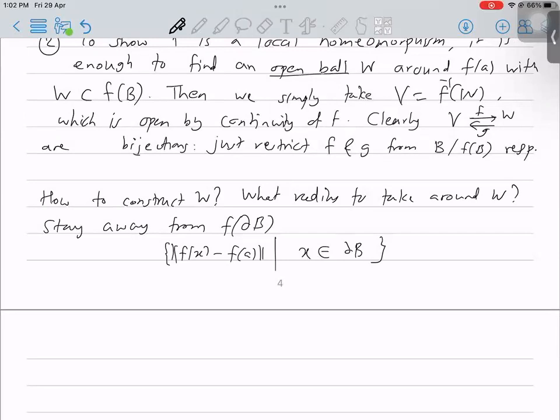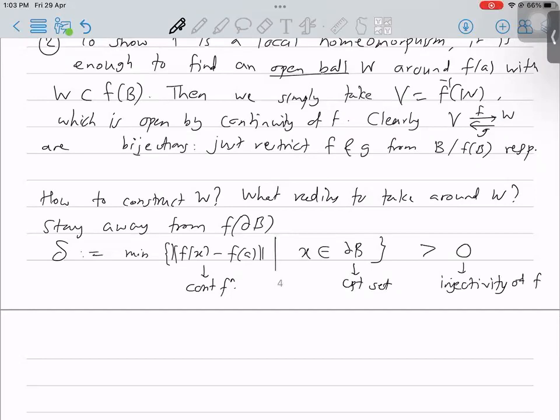By injectivity, we already know that this function is positive on a compact set, and this is a continuous function. So I can take its minimum, and I can call this delta. And I know that this minimum is greater than 0 because of injectivity of f.